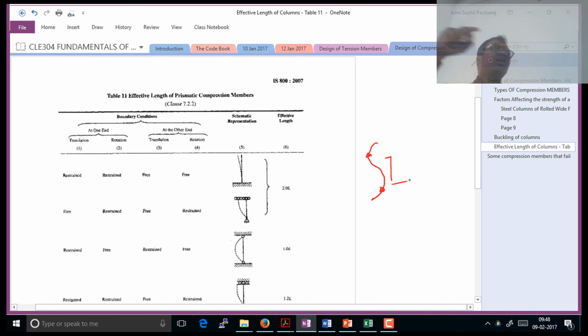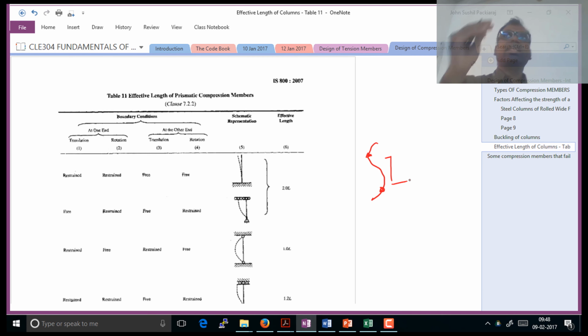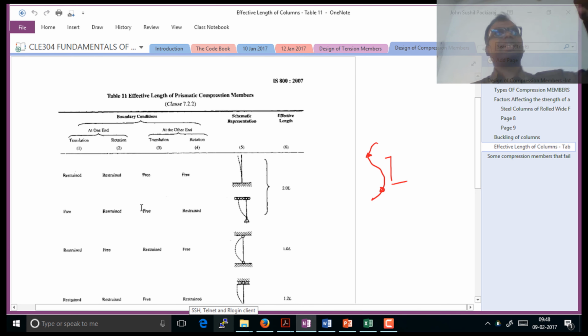The place where the bending moment is going to change sign is going to determine the compression length. The length of the column may be any length, but buckling is only going to take place between this region.